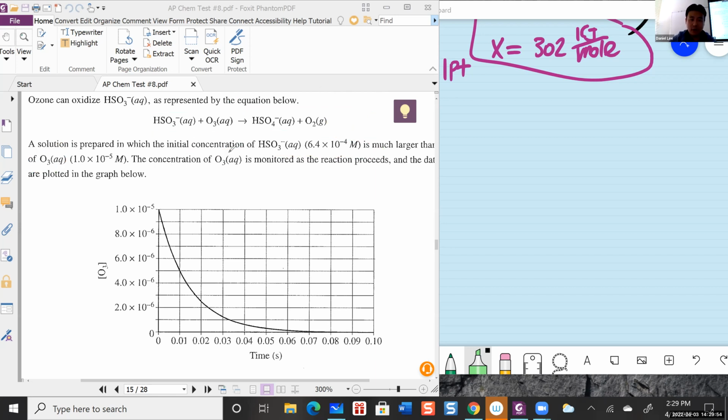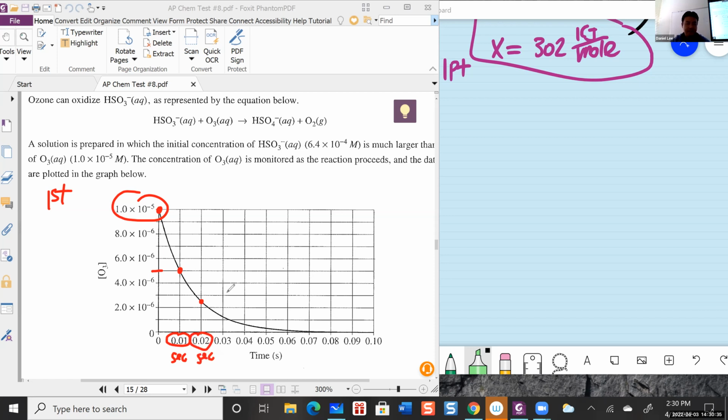And then the concentration of O3 is proceeding. You see that the concentration versus time drops. It's not a straight line, so this cannot be zero order. This is actually first order. And I know this is first order because I look at how it drops. If I start with 1 times 10 to the negative 5, it becomes half in 0.01 seconds, and then it halves again in another 0.01 seconds.